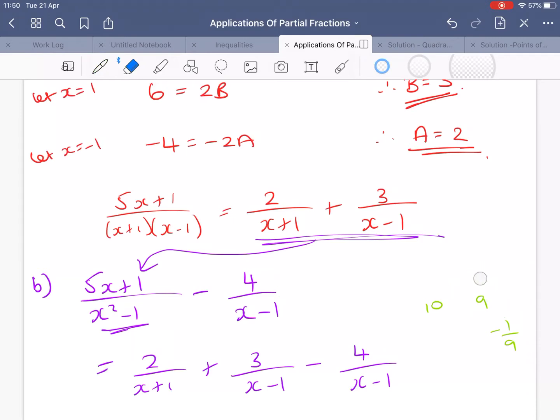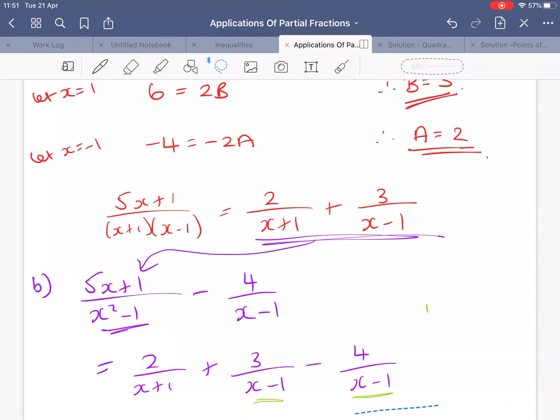And so the exact same thing is happening here, because these two have got a common denominator. So I'm almost saying 3 x minus 1ths minus 4 x minus 1ths. And what would that become? Well, if I've got 3 of something and I take away 4 of something, then I'm just left with minus 1 of something.